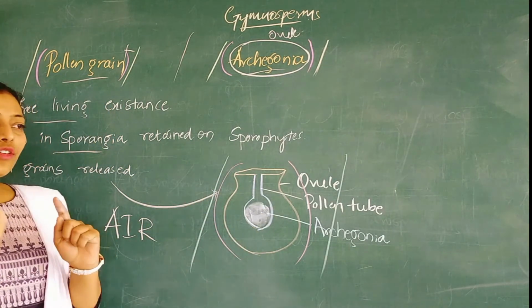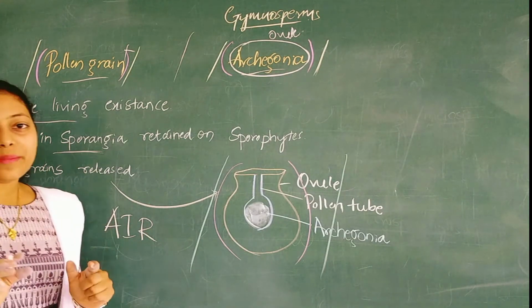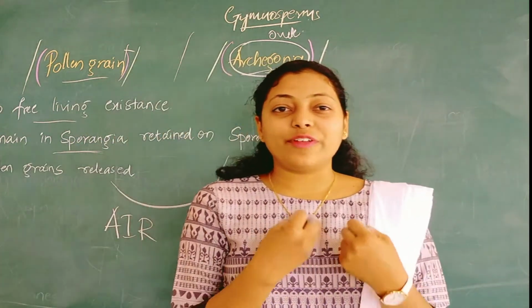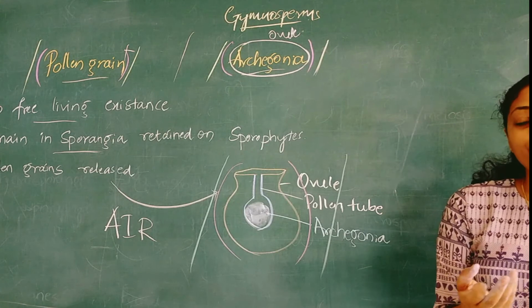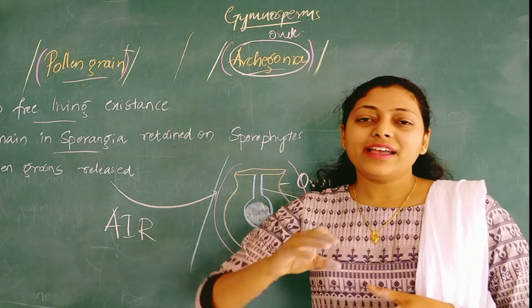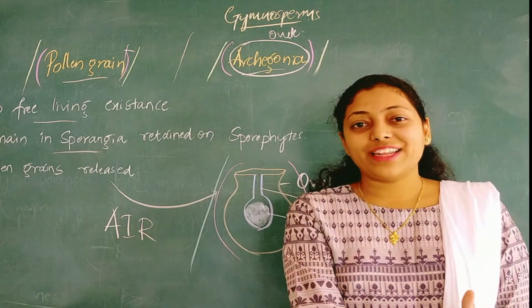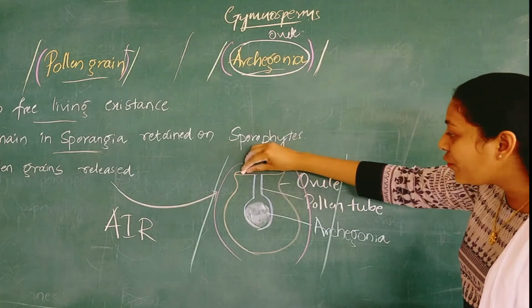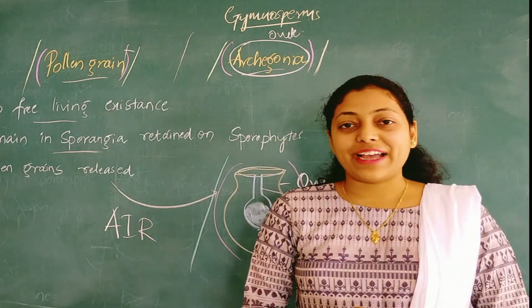So now you can imagine one thing, that is pollen grain. Just imagine them as the male candidates who are willing to marry the Archegonia. In a marriage, the male comes on a horse, there is a baraat, and he comes to the gate of the marriage hall. So the opening of the ovule is the gate of the marriage hall.